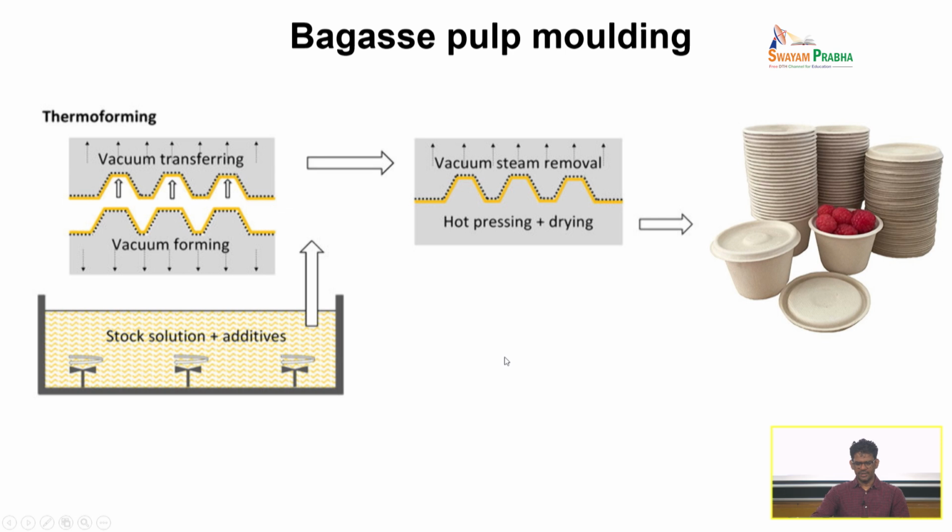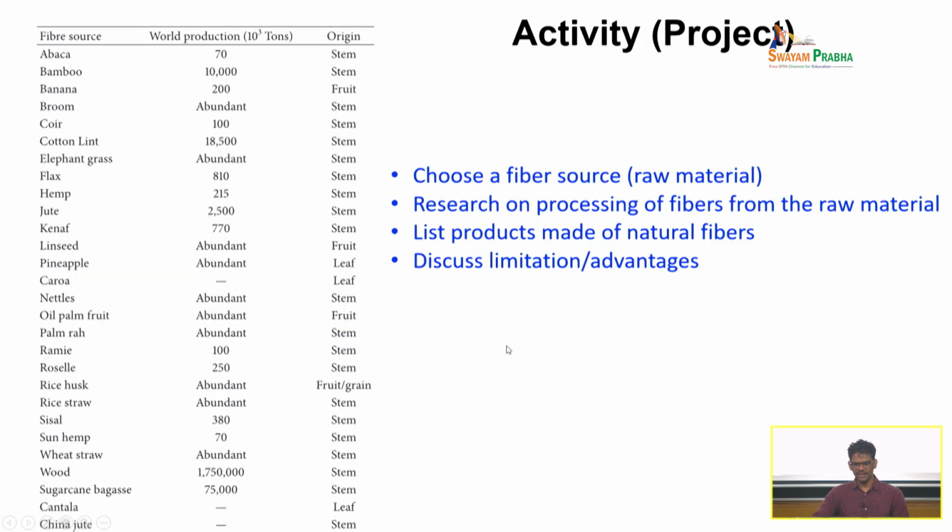So now the example I've given is only for bagasse or sugarcane. But if you look around you, from the place where you're from and what your folks are doing, you will see that you have so many fiber sources. Not only sugarcane bagasse, you have bamboo, banana, broom, coir, flax, jute.